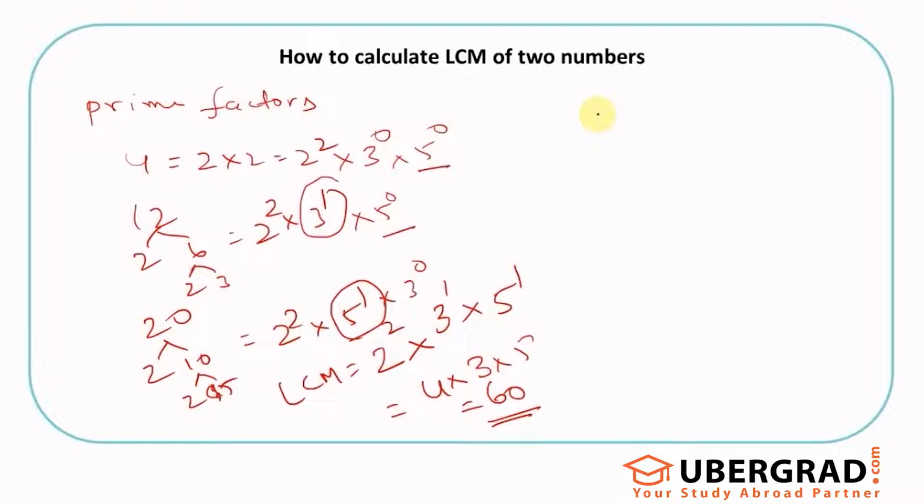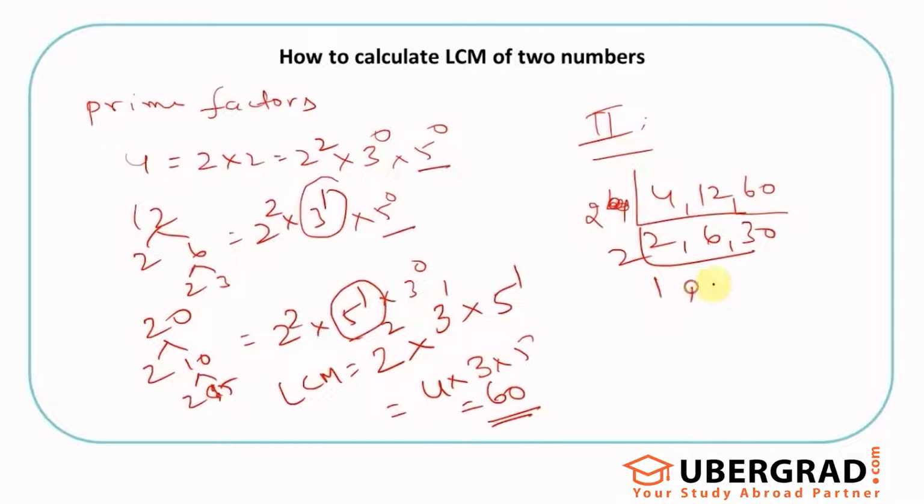The second approach, which we would have done in school, is writing the numbers like this: 4, 12, and 20. Now I'll try to take a common prime number which can divide these, a factor or a divisor. 4 is not a prime number, but let's do it with 2. We can also do it with 3.